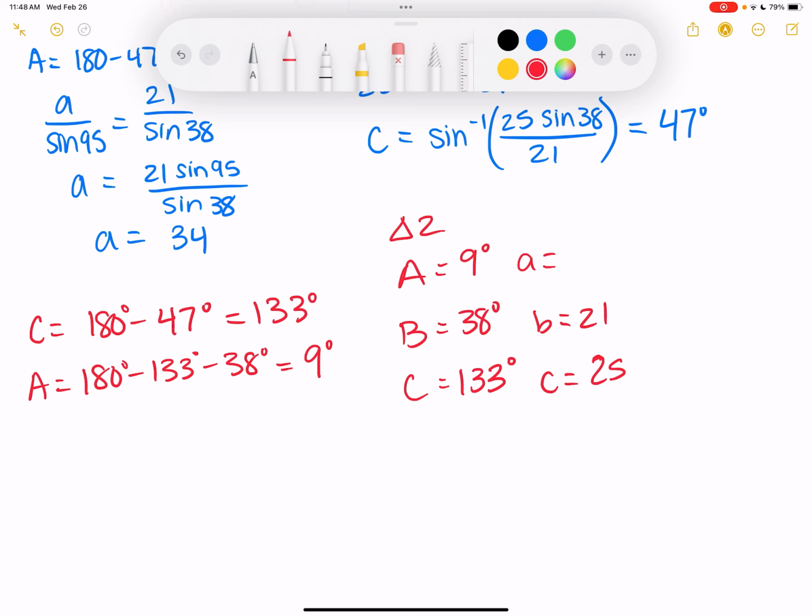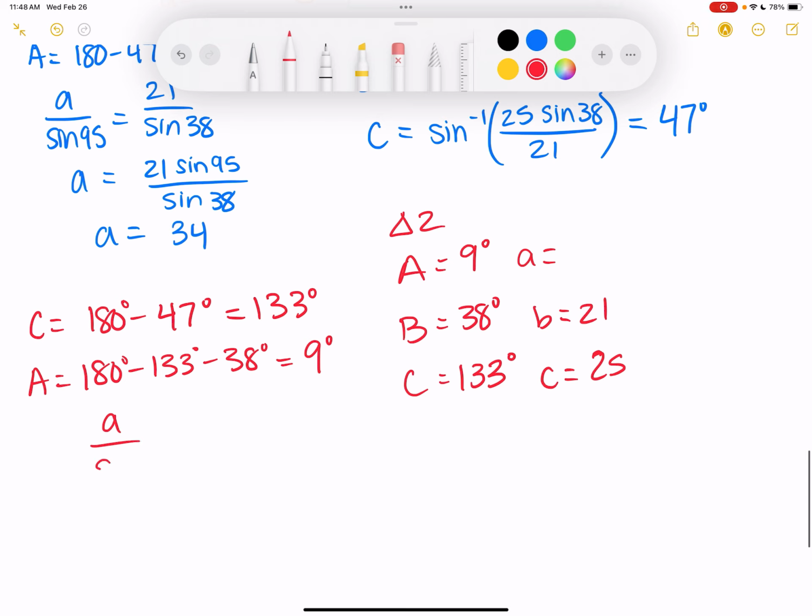But so now finding side A, again, super easy. So A over the sine of 9 equals 21 over the sine of 38. So A equals 21 sine of 9 over the sine of 38.